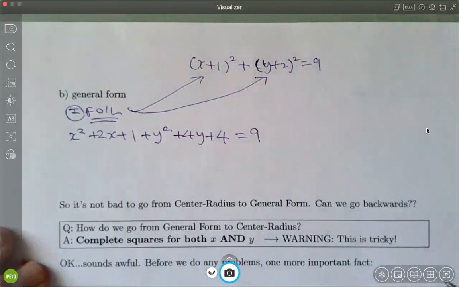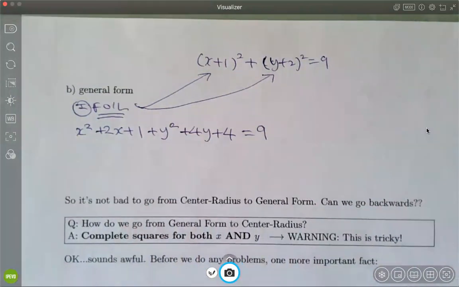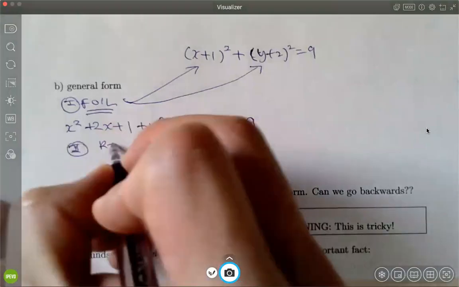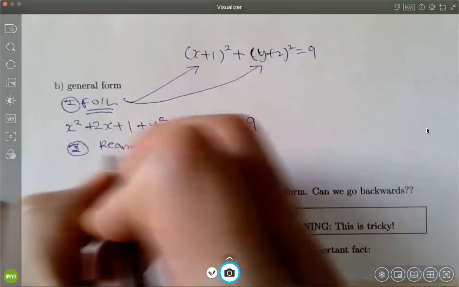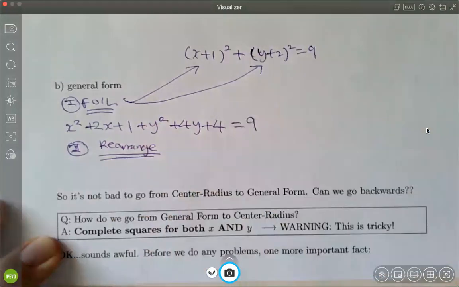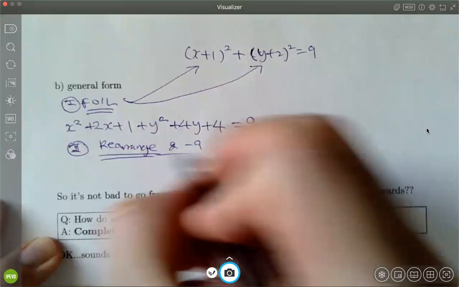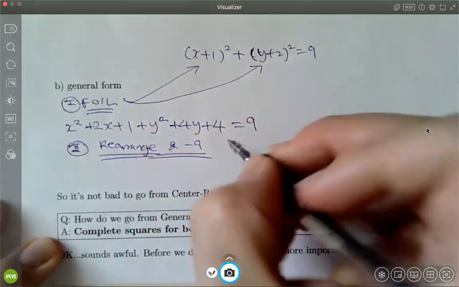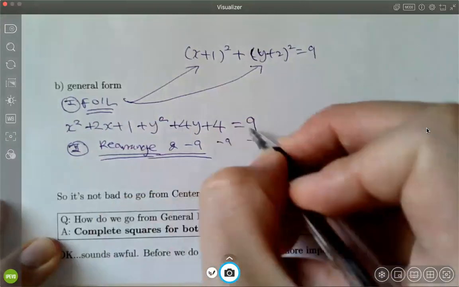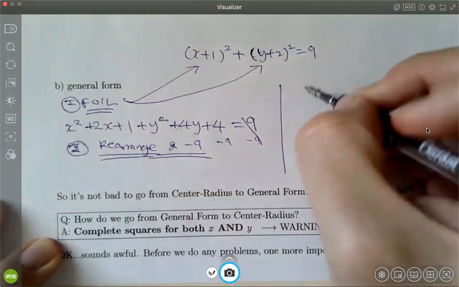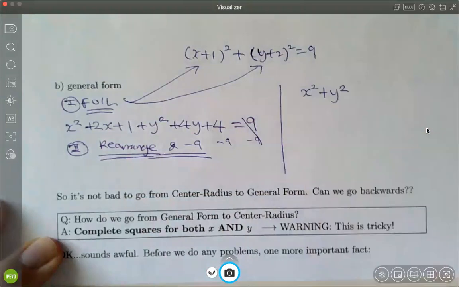Okay, so now that's not the end, so we need to rearrange, right? So rearrange. You move 9 or subtract 9 as well. So you subtract 9 from here, and then rearrange so that the squares come first, and then the non-squares come second, right?